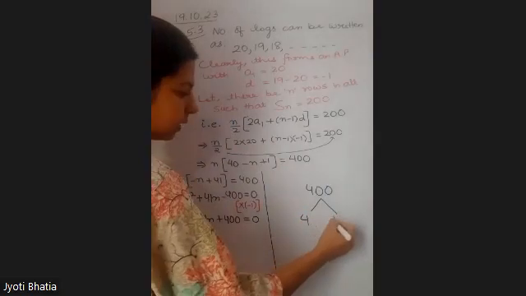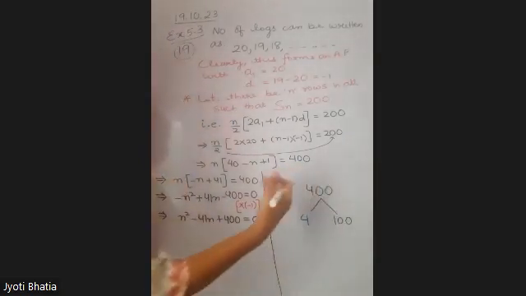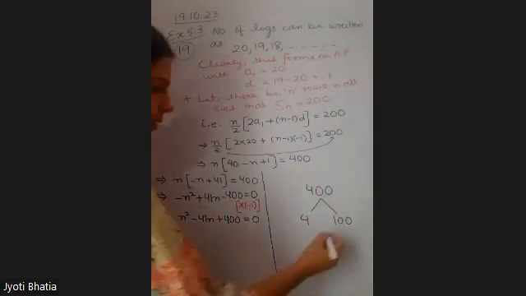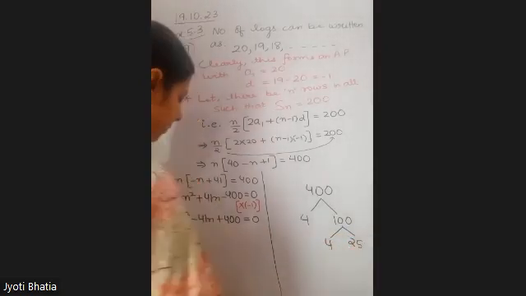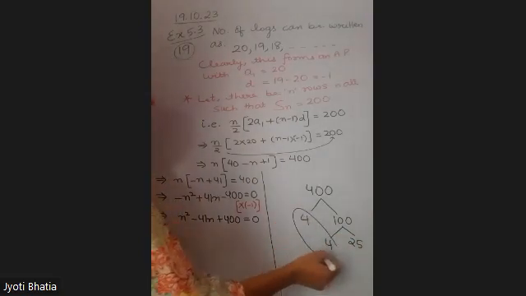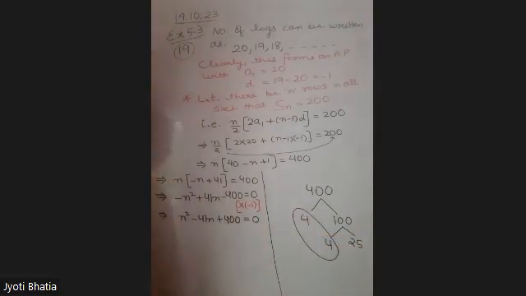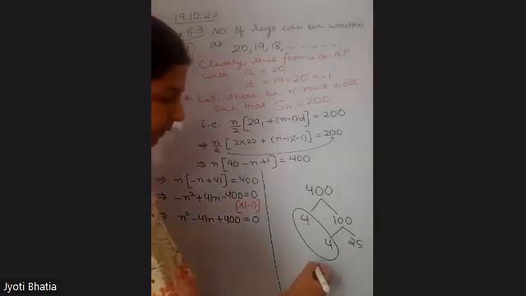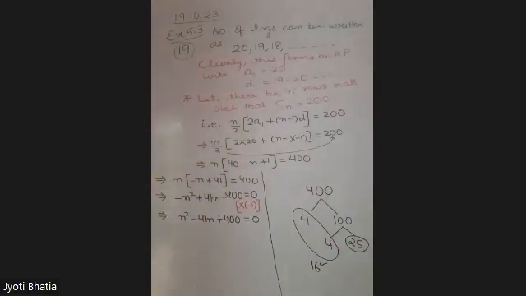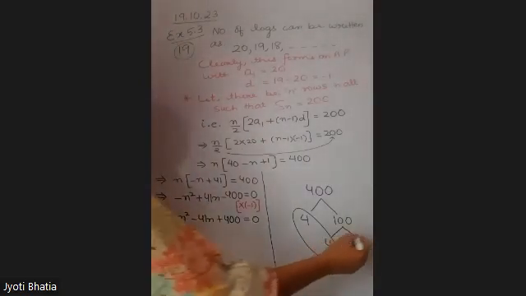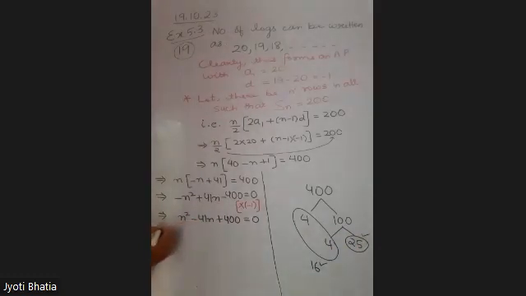Let us factorize 400 to get 41. Can this be 2 into 4 into 100? First of all, let us separate out the bigger terms. This 100 can further be written as 4 and 25. Now 4 fours are 16, and this is 25. And 25 plus 16 makes it 41. Yes.